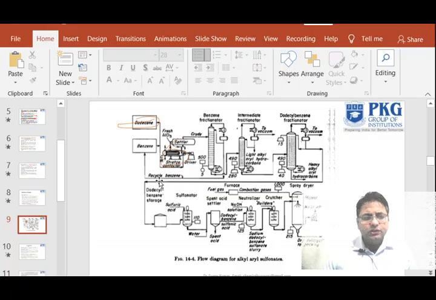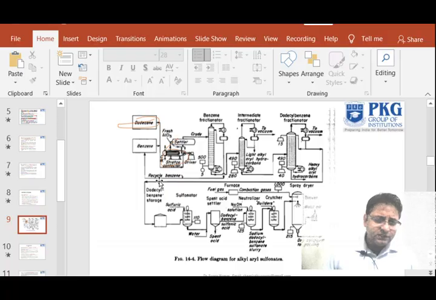In this we are using three types of distillation column: the benzene fractionator, the intermediate fractionator or dodecyl benzene fractionator, and the vacuum fractionator. Then we treat it with sulfuric acid in a sulfonator and sodium hydroxide for neutralization, and then we send it to the spray dryer, where we dry our chemical and produce the detergent, and then we send it directly to packing.